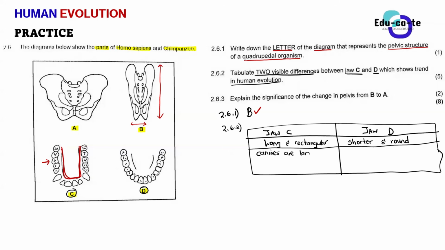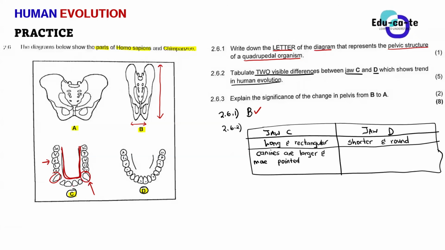Remember, you have to mention both larger and more pointed. You can just write larger and more pointed canines instead of writing a big statement like I did here. But for jaw D, the canines you are talking about are these ones, Anish.